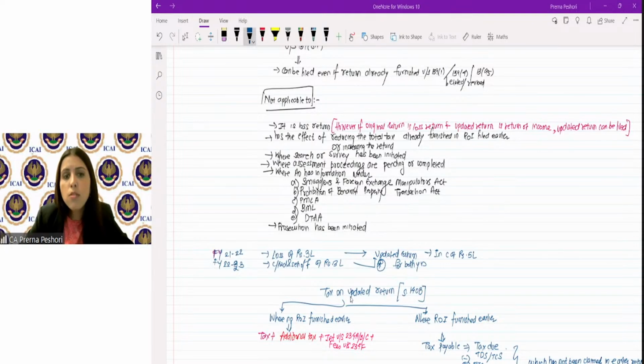Where are these forms of return filing given? ITR 1, ITR 2, ITR 3. Where is that given? Who is required to file ITR 1, ITR 2? Where is that given? Yes, anybody knows that?